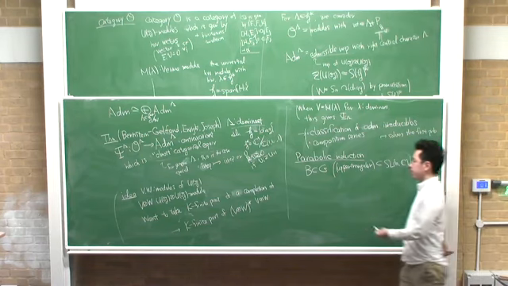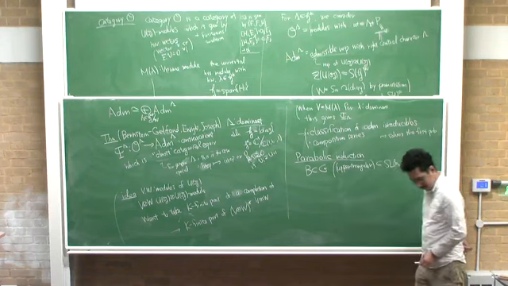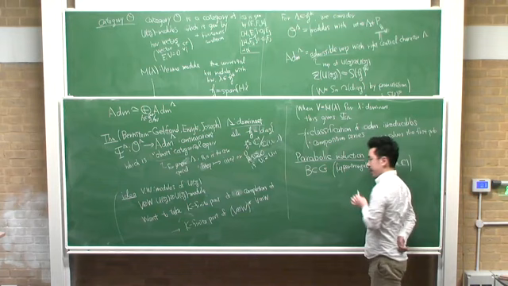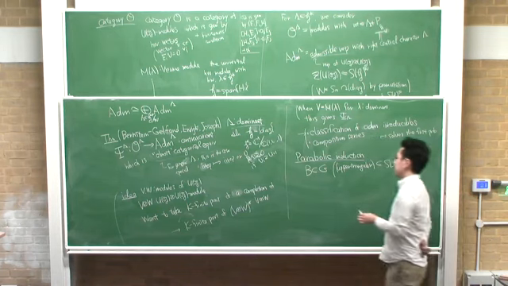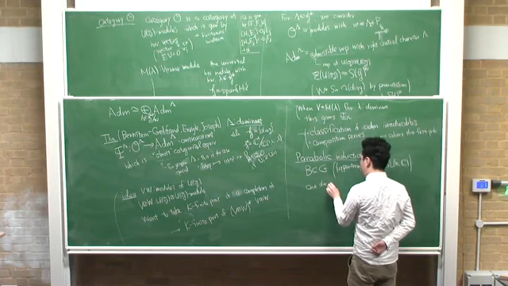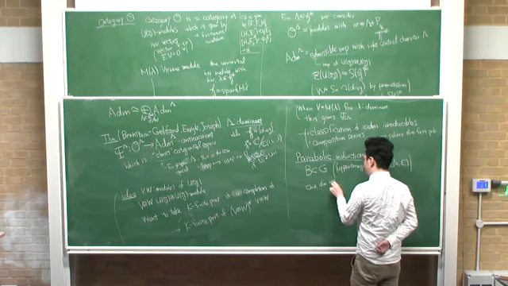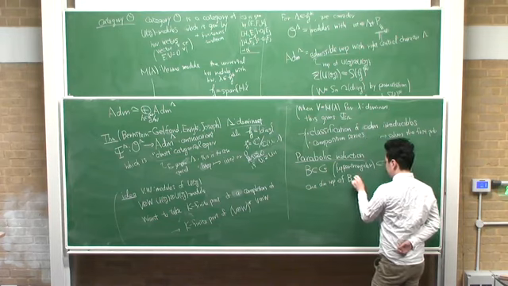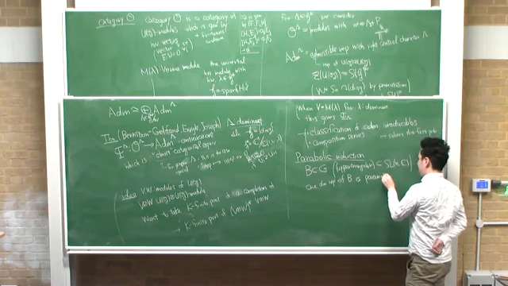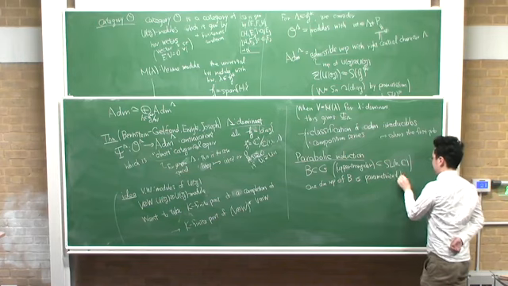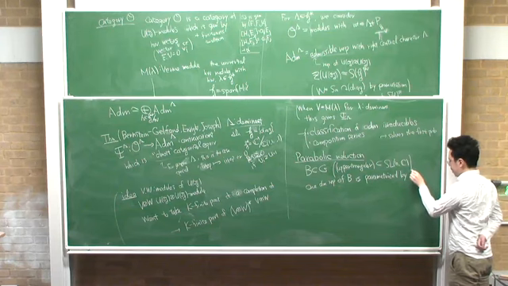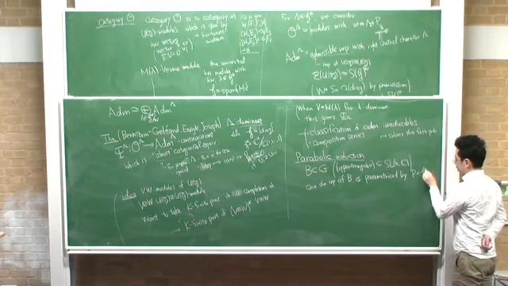From a one-dimensional representation of this Borel, we induce a representation from here to the whole G. A one-dimensional representation of B is parameterized by P times H star.